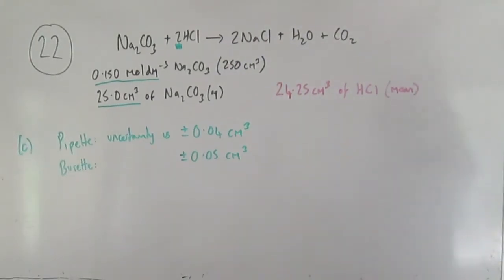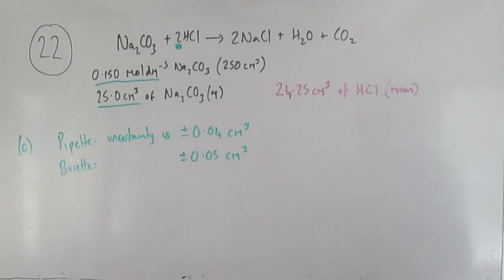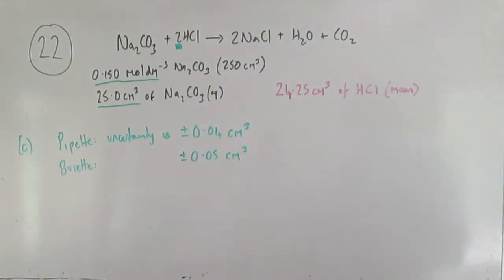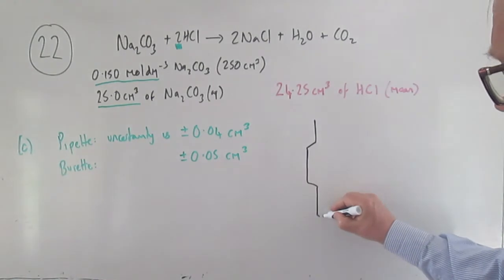So part C then brings in the idea of percentage error on these 2 types of volume readings that were involved in the titration. So it gives you the uncertainty on each pipette volume and on each burette reading. Now with a pipette, remember, to get that volume of 25 cm cubed, you only effectively make 1 reading, because your pipette looks kind of like this.